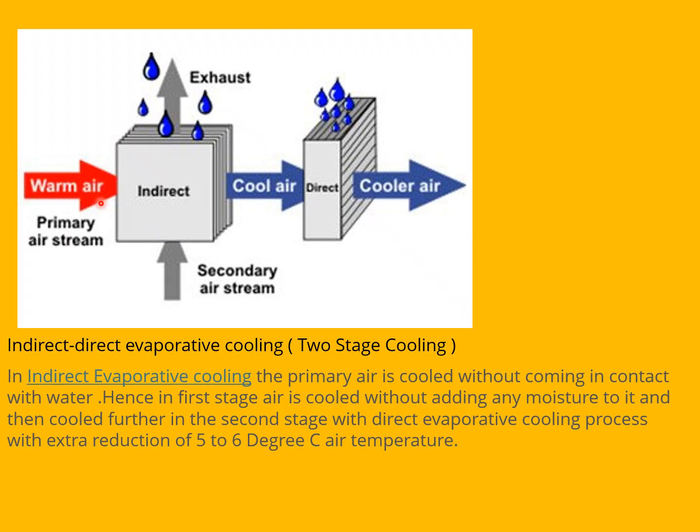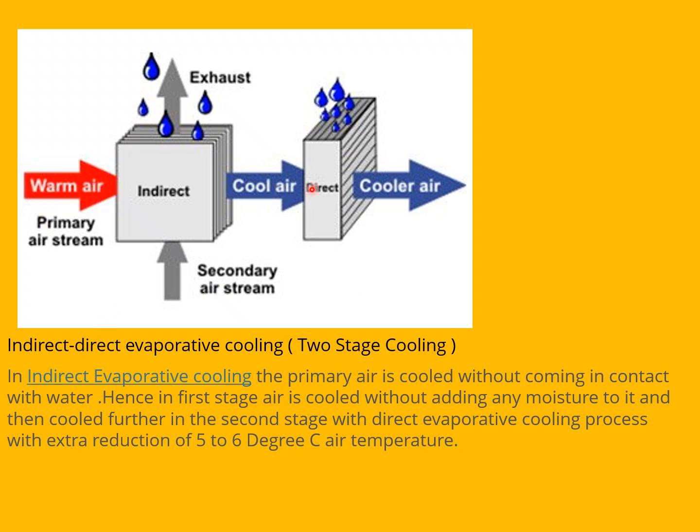This diagram shows an indirect-direct evaporative two-stage cooling system in which the warm air, which is primary, comes in the vessel and it supplies cool air, and once again direct cool air is supplied to the room.